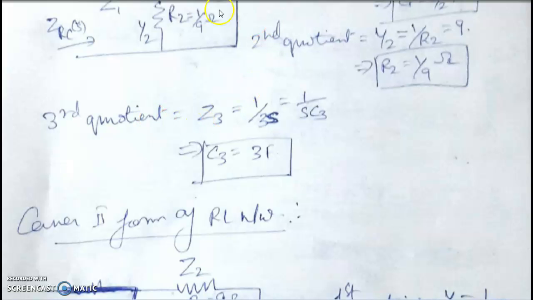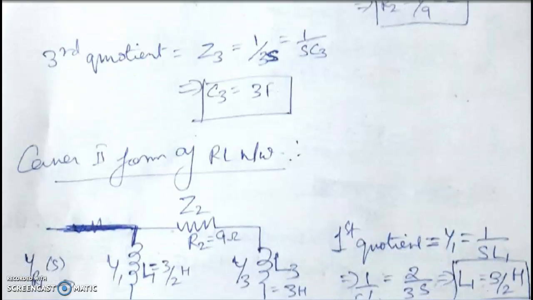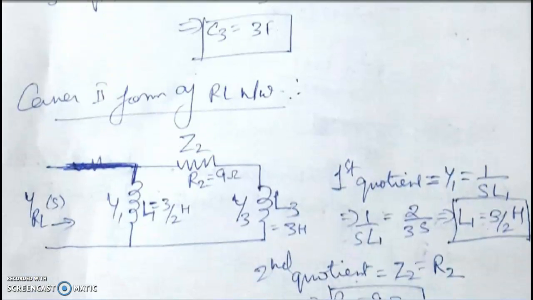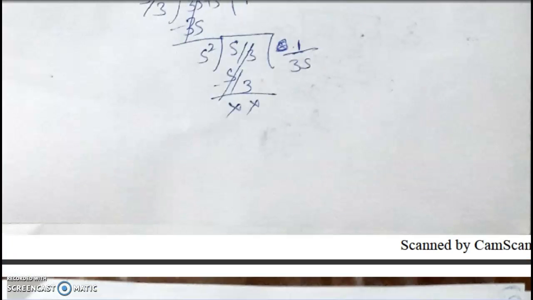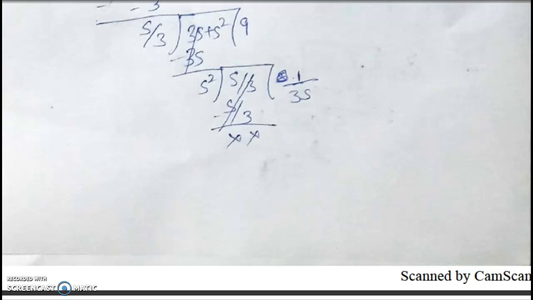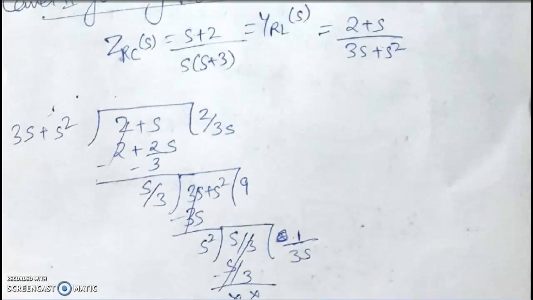So in this way, with the same function, we can obtain the Cauer 2 form of the RC network and the Cauer 2 form of the RL network. In the case of the RL network, we are expanding the admittance function. So the circuit will start from the shunt element, and the first quotient will give the admittance of the first element.